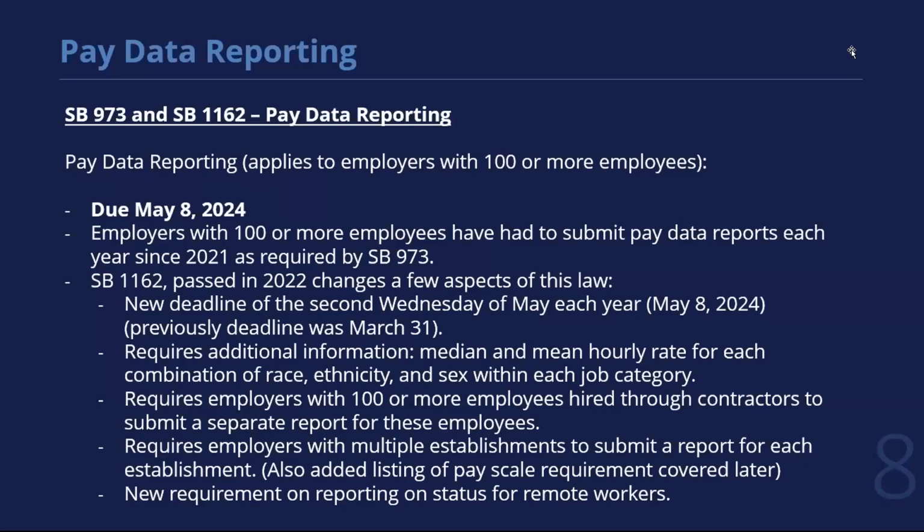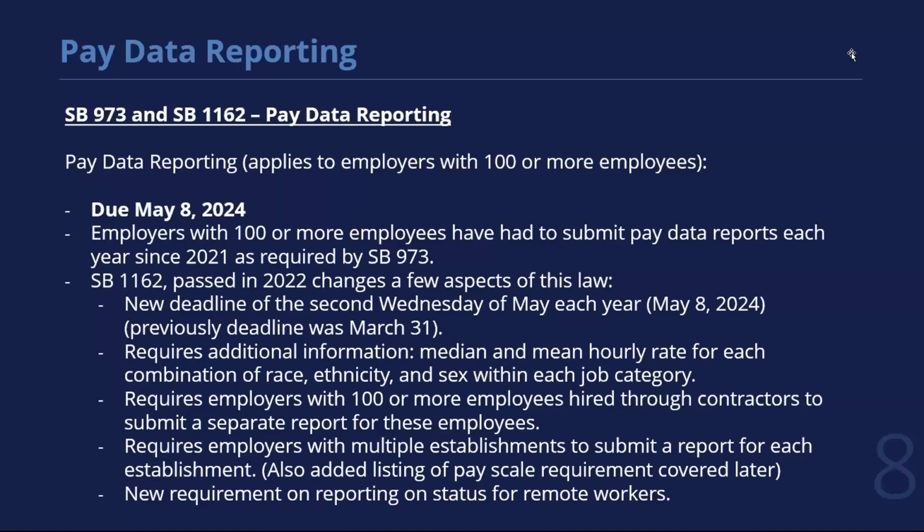And also employers that have 100 or more employees hired through a contractor have to submit a separate report for those workers, for those employees hired through a contractor. And also with employers with different establishments, and that could be different locations within the state, have to submit a report for each establishment.